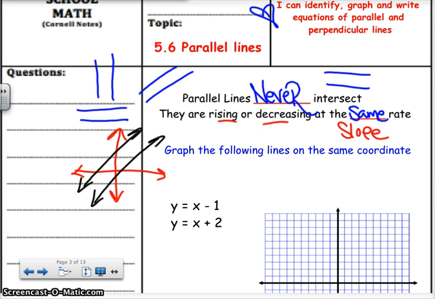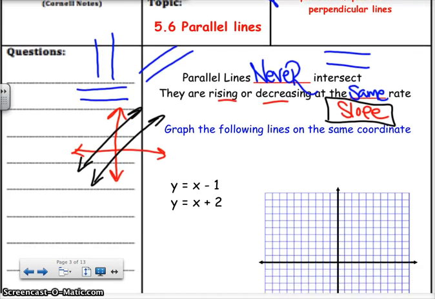So what we have here for parallel lines is all related to the slope. If they rise or decrease at the same rate, they're going to be parallel because they keep increasing equally and they will never ever intersect.